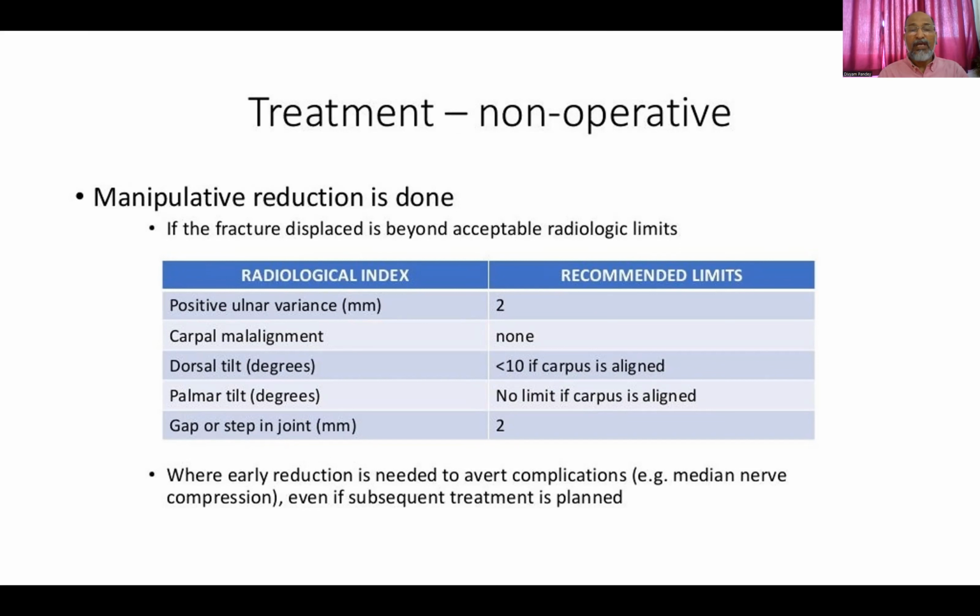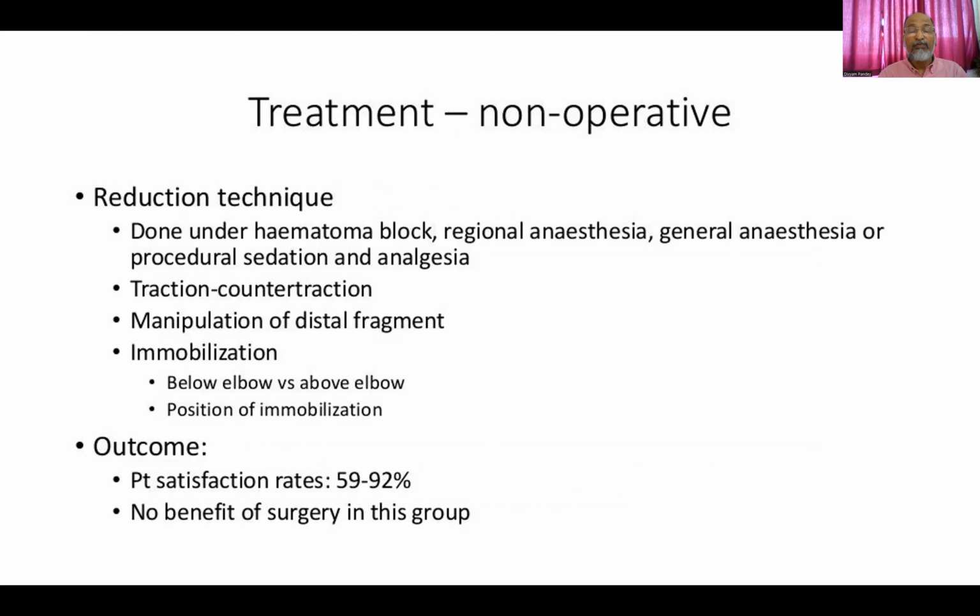And the gap or step in the joint, that is the incongruity of the joint, of not more than 2 millimeter is accepted. Early reduction is needed to avert complications like compression of the median nerve because of pressure. And even if subsequent treatment is planned, it should be taken into consideration.